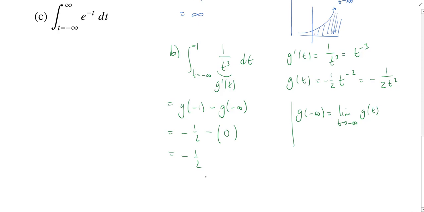Does this make sense based on maybe a graph? So 1 over t cubed, well, if we graph the right-hand side, maybe it's looking something like this. All right, so there's 1 over t cubed on the right. What does it look like on the left? Well, it's just the same thing but negated, because 1 over t cubed is an odd function.